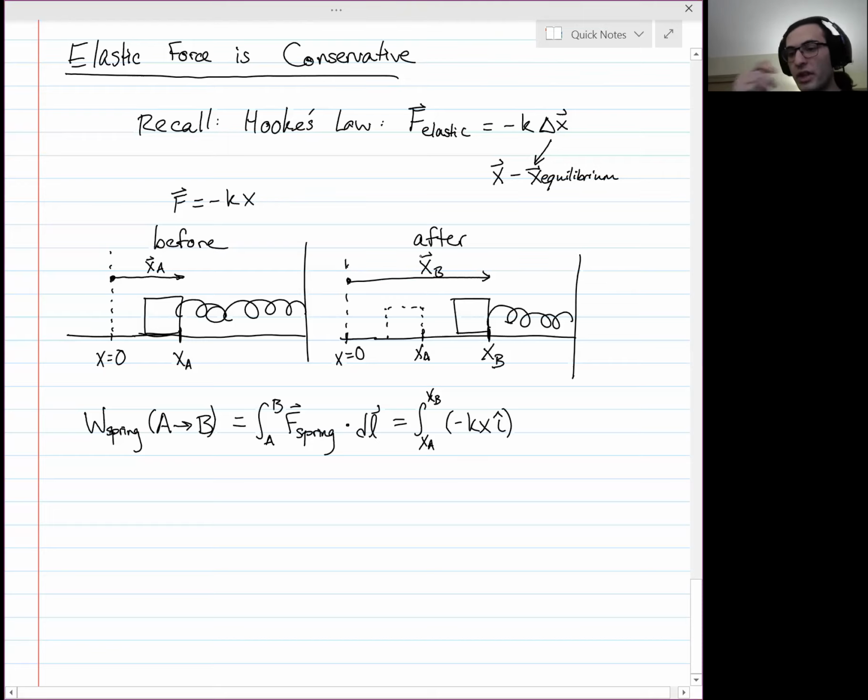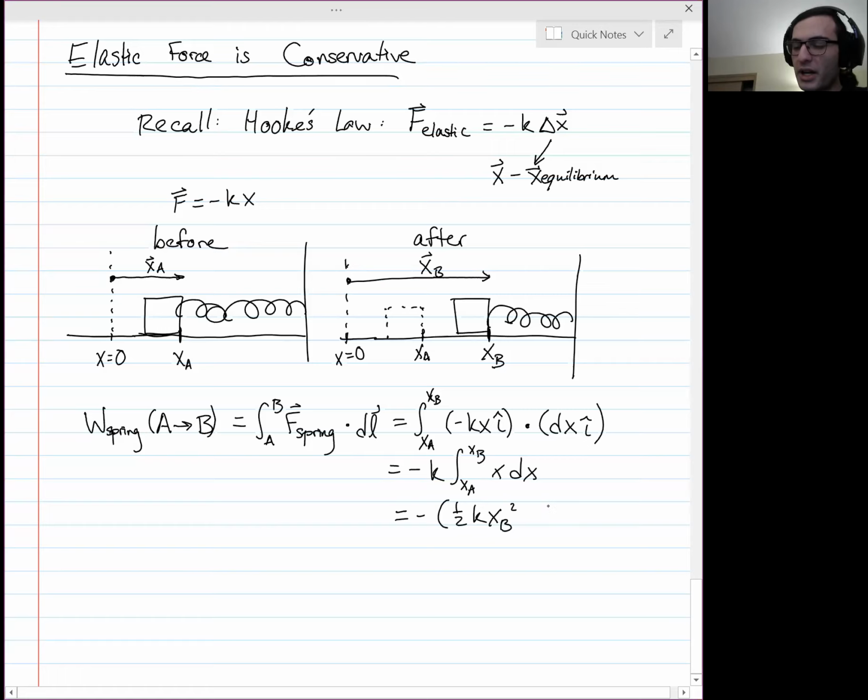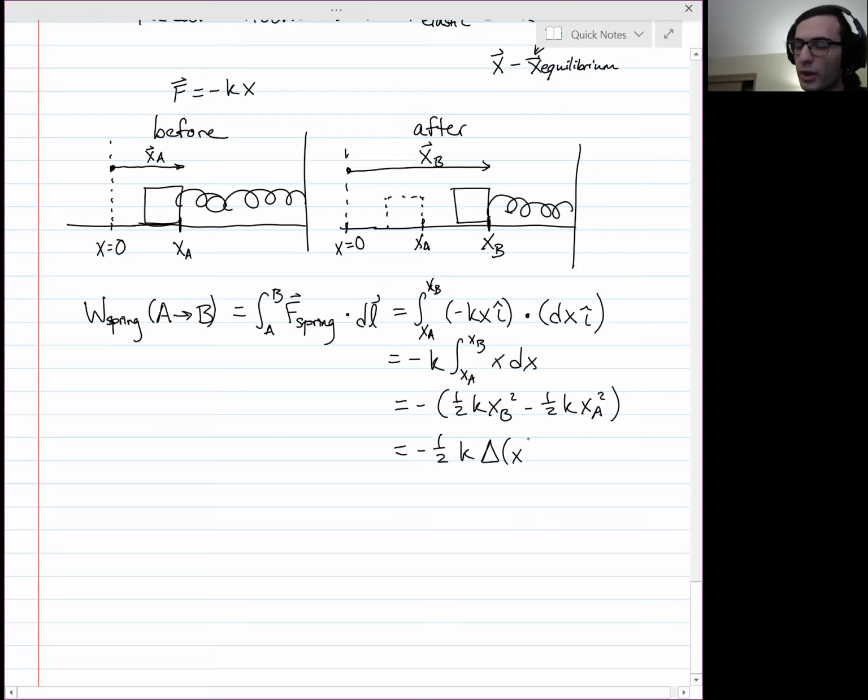And so if we have negative k times that vector, then it's negative k times x in the i hat direction, dotted into dx i hat. So that's equal to negative k times the integral from xa to xb of x dx. You guys know how to do this integral. So what we get is negative 1/2 k xb squared minus 1/2 k xa squared, which is just negative 1/2 k, and I'm going to be very careful with parentheses here, delta of x squared.